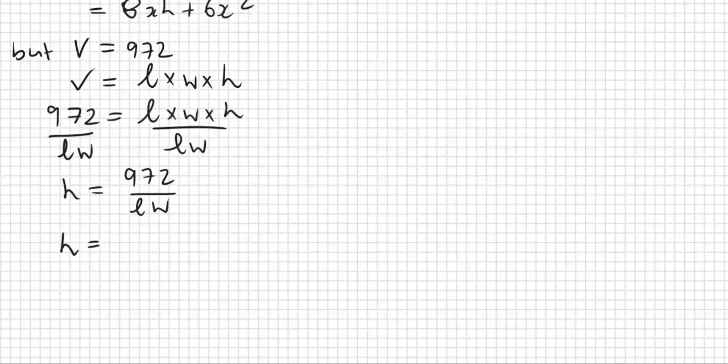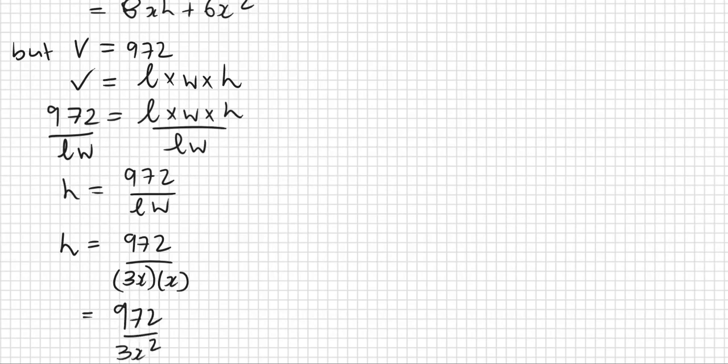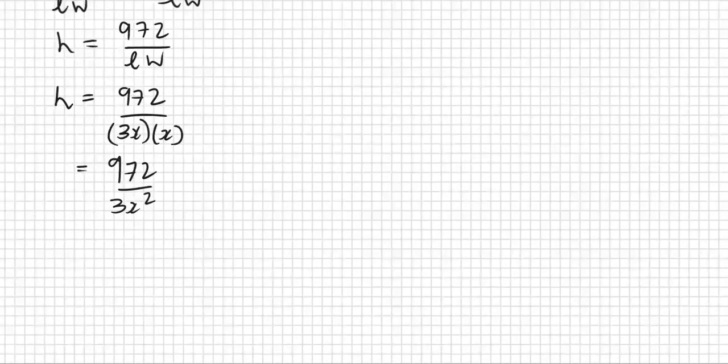So h is equal to 972 over 3x times x, which is 972 over 3x squared. If we simplify that a little bit further, dividing 972 by 3 comes to 324 all over x squared. So this is our h, our height, in terms of x.